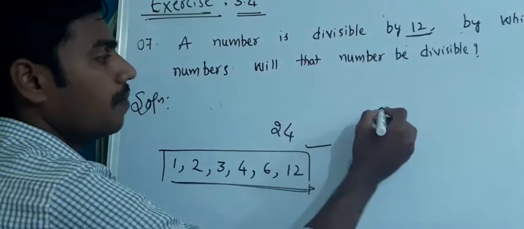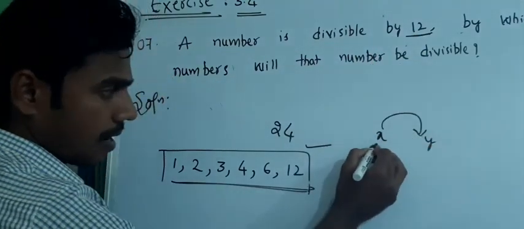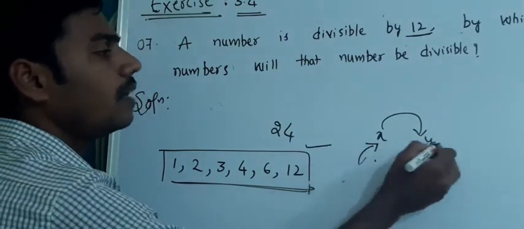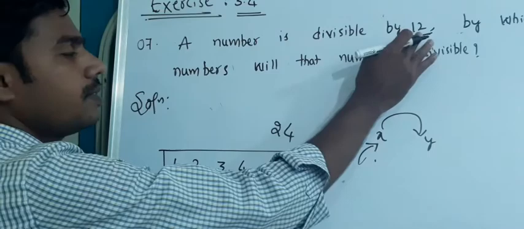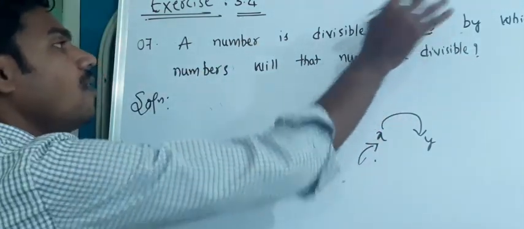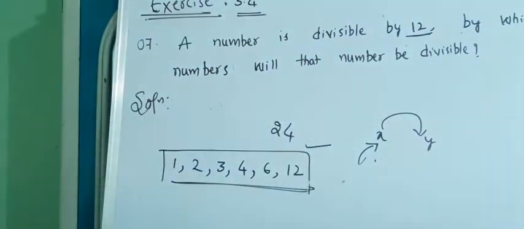See, if x is dividing y, if x is a number dividing y, then all the factors of x will also divide y. Here also 12 is a number which is dividing the given number. Then all the factors of 12 will always divide the given number. So same thing I am going to write.